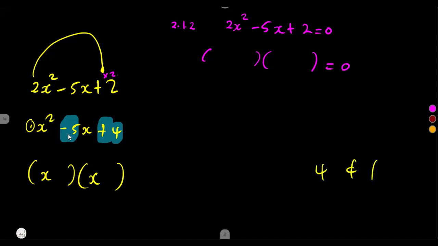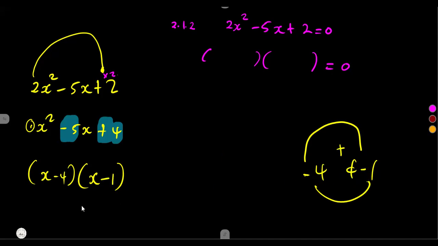But to get a -5, these must be negative. Negative times negative is still a positive, not affected. But on adding -4 plus -1 is going to give you a -5. So that's a -4 and a -1. These two numbers.